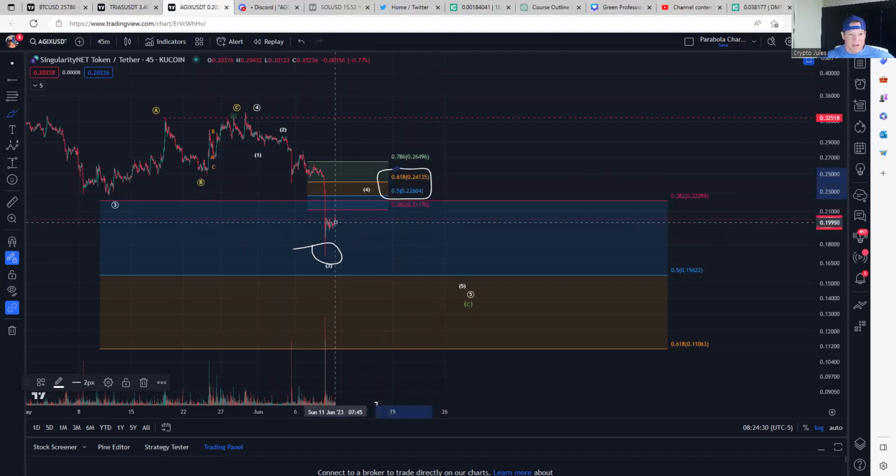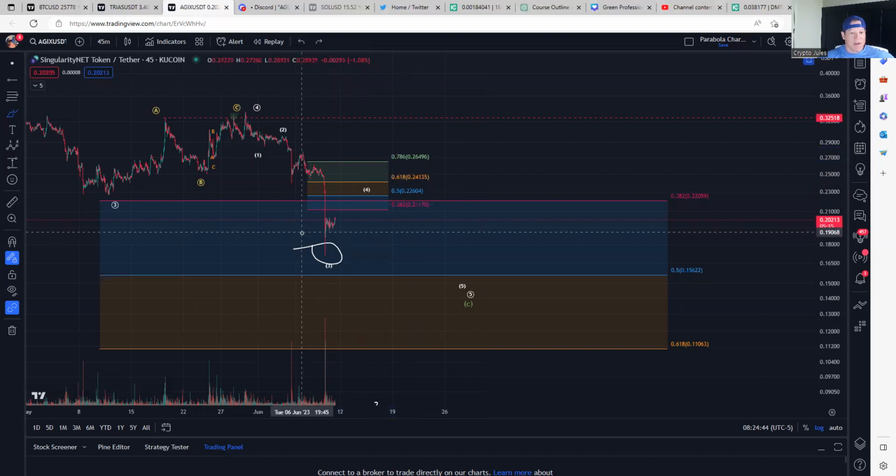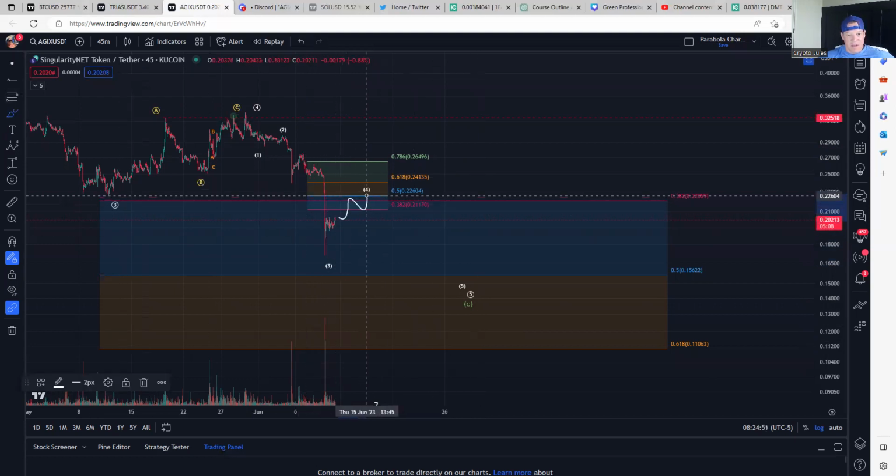If we could develop an impulsive structure up and break above that level, and hold the 3-wave and then break back above it again, then I would go ahead and consider the bottom being in. But ultimately, at this point, that's not my primary. My primary is that we do eventually get rejected and then retrace to finish our 5th wave. So we'll see how it plays out, and I'll keep you all updated. See you later.